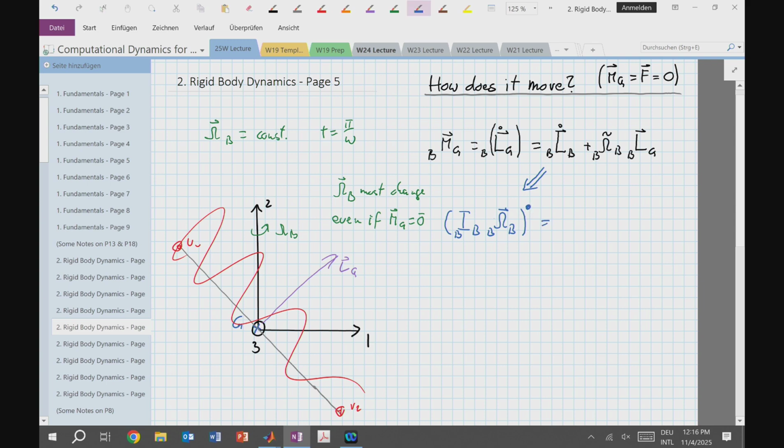So I have to apply the product rule, and I get IBB dot, a numerical derivative, not a physical derivative, times omega b, the coordinate vector of omega b, plus IBB times omega b dot.